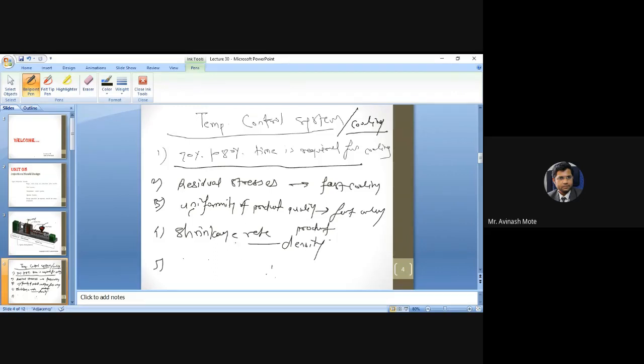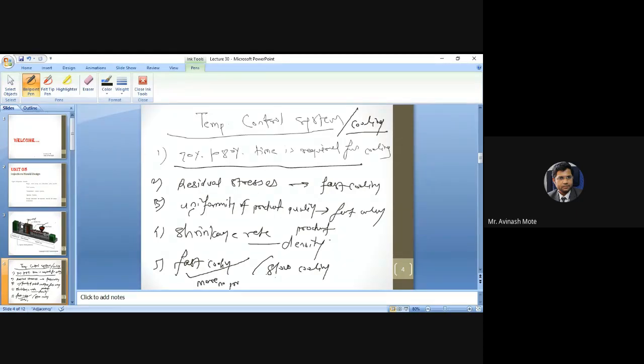Getting it? Okay. Another important factor is there. Two things are there: fast cooling versus slow cooling. Now if I go for fast cooling of the component, in the same period I will have more number of products.